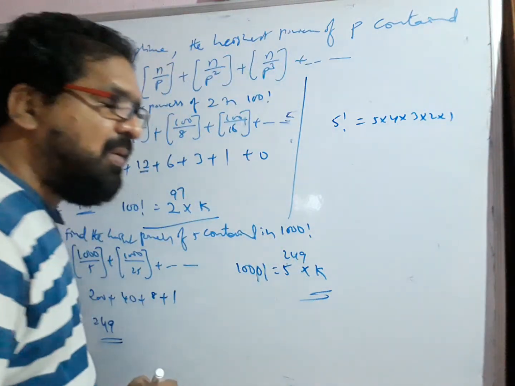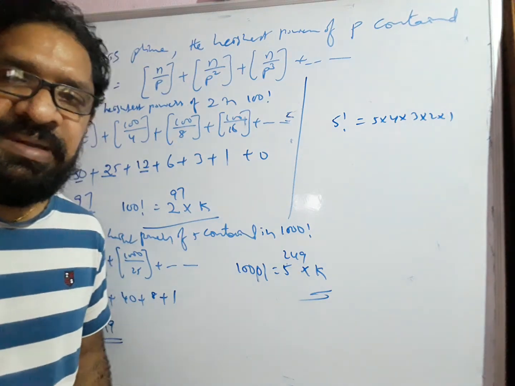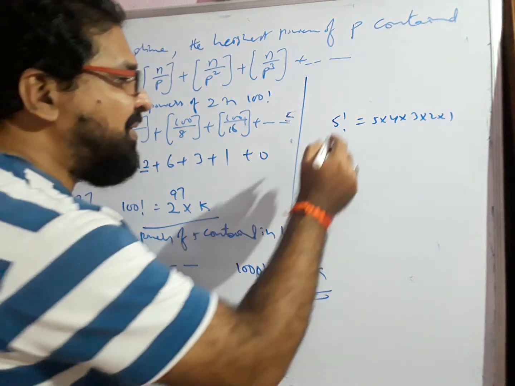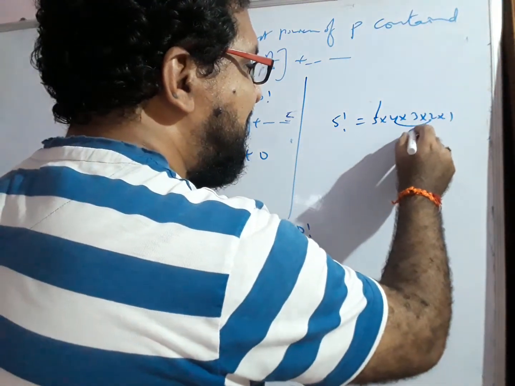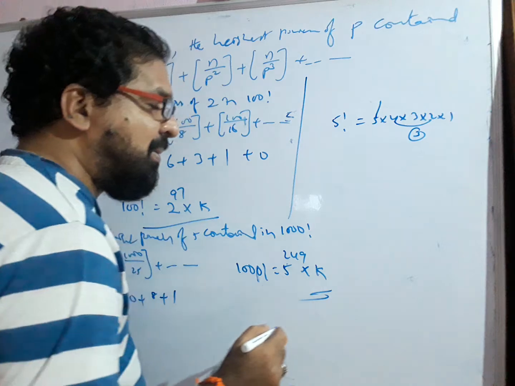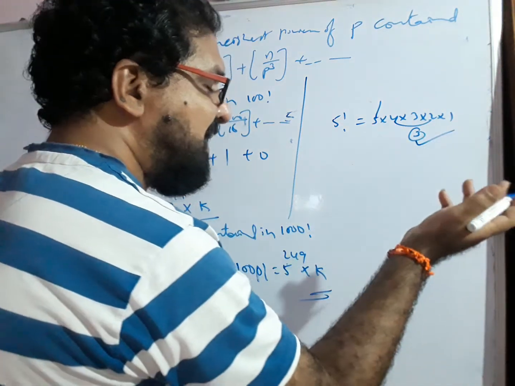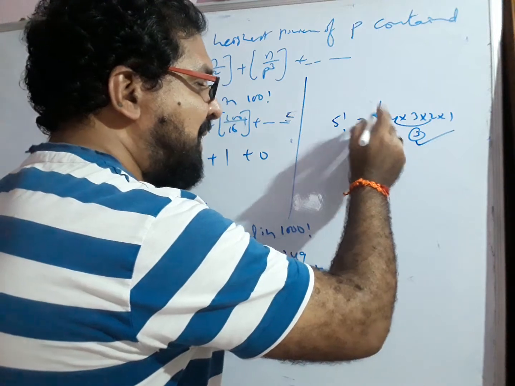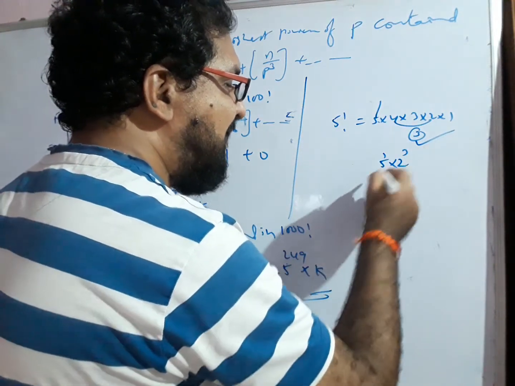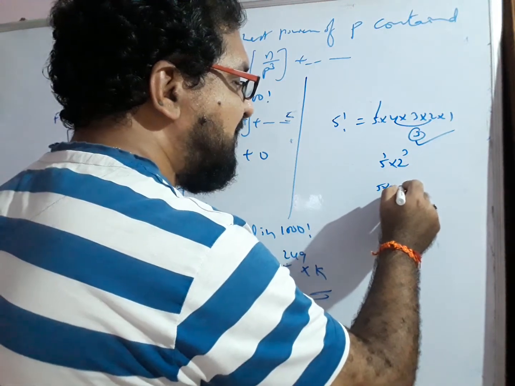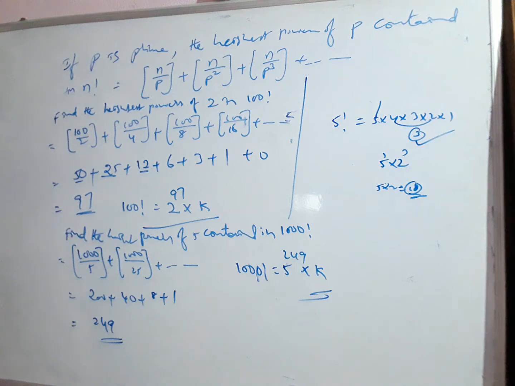To find the number of zeros, you only need to calculate the highest power of 5, because the number of 5's is only 1, and the number of 2's is more than the number of 5's, so that doesn't matter. So 5 into 2 cube, nothing but 5 into 2 is equal to 10. So there will be only 1 zero.